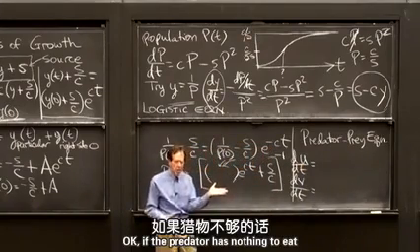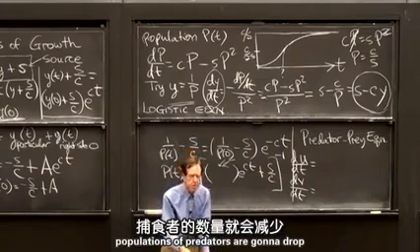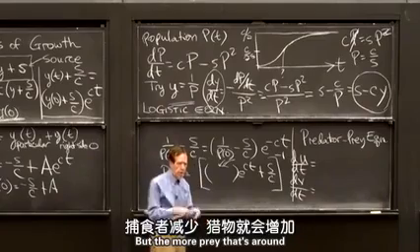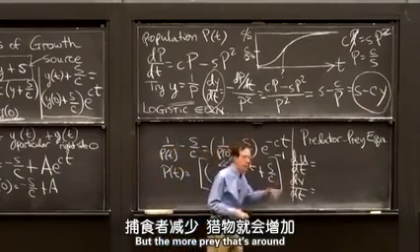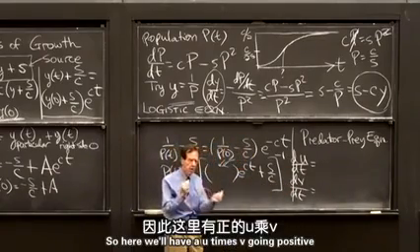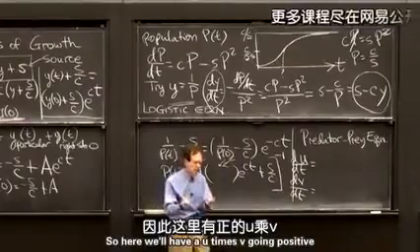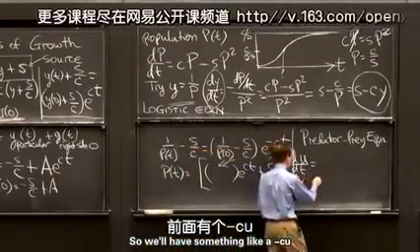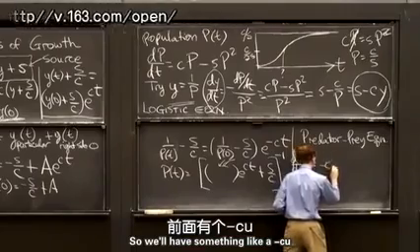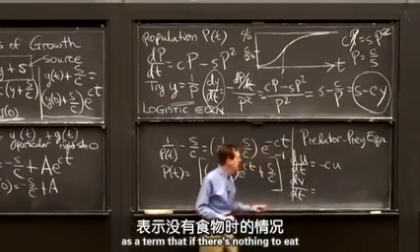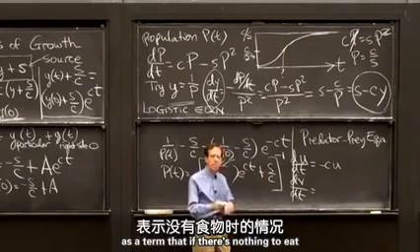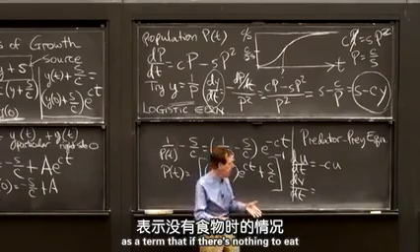Okay, if the predator has nothing to eat, the population of predators is going to drop. But the more prey that's around, so here we'll have a u times v going positive. So we'll have something like a minus CU as a term, if there's nothing to eat.